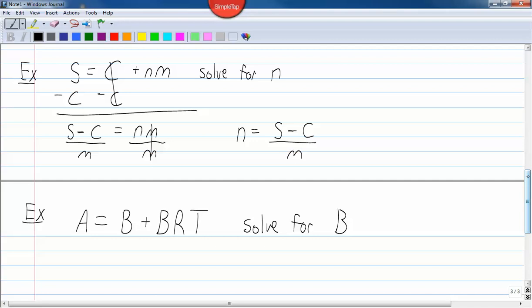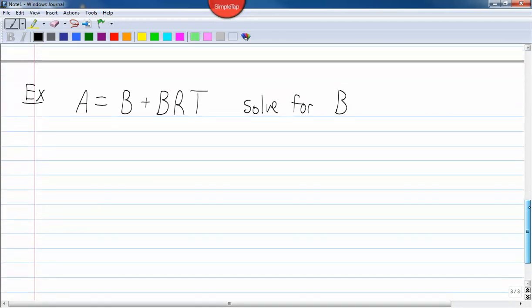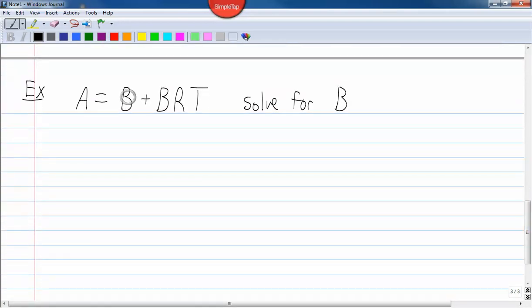What makes this problem a little different than the others is that I have a B here and I have a B here. And so if I was to just take and move one of these terms over, I'm going to have a B on both sides. Okay, so I want to be able to somehow only write one B in this formula.